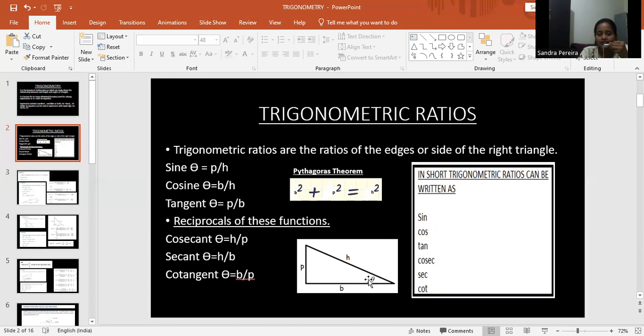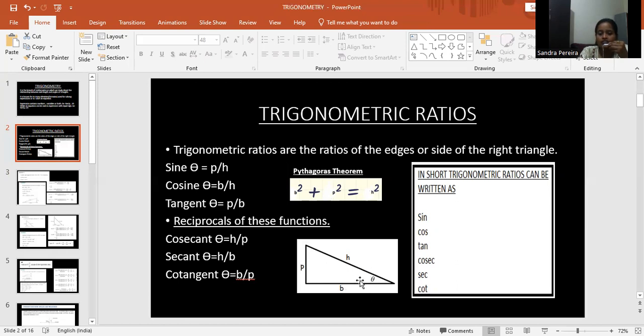That is, this is the angle theta, and opposite of this angle theta is P, this side. So this will always be the perpendicular. So the perpendicular depends on the angle theta, which angle we are taking. If the angle is this, then our perpendicular will be this.